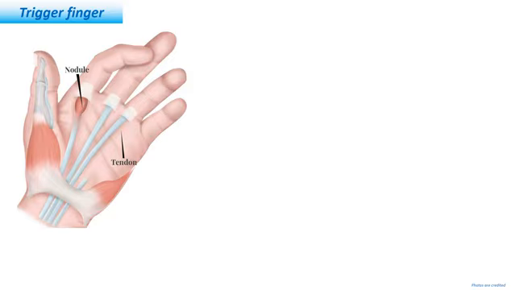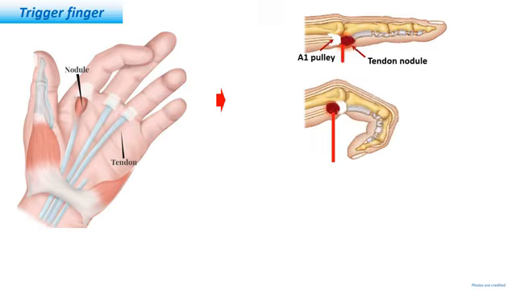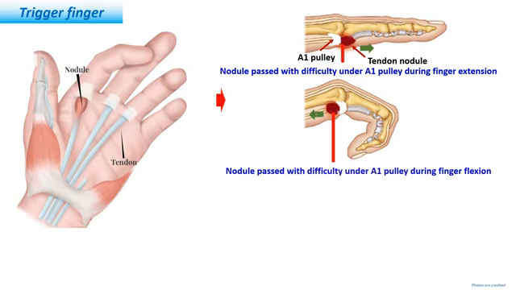Now what happens when the nodule passes through the A1 pulley, from proximal to distal position? It causes difficulty. In the upper photo, the nodule passes with difficulty under the A1 pulley during finger extension, and in the lower photo, the nodule passes with difficulty under the A1 pulley during finger flexion.